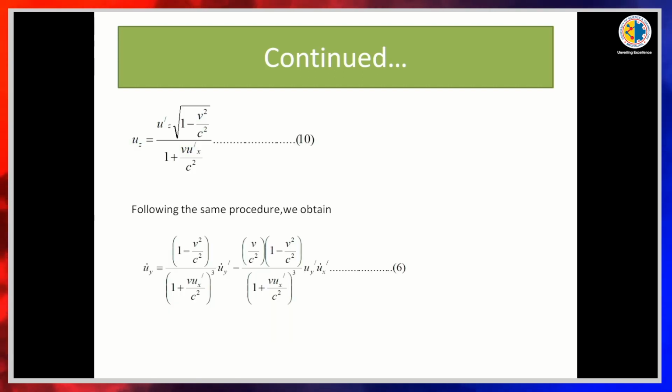For u dot y, there are two terms: (1 minus v square by c square) divided by (1 + v u'x by c square) whole cube into u dot y', minus (v by c square) into (1 minus v square by c square) divided by (1 + v u'x by c square) whole cube, u'y into u dot x'. So, you must remember that the u dot x' term is involved in the y direction.